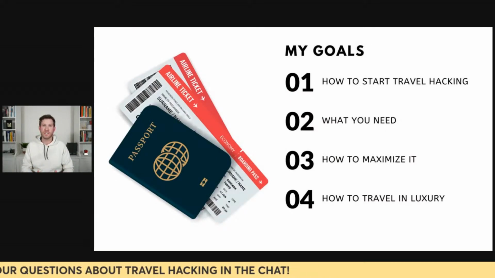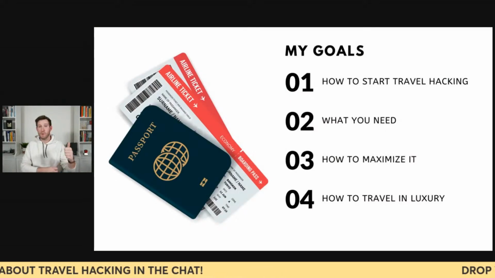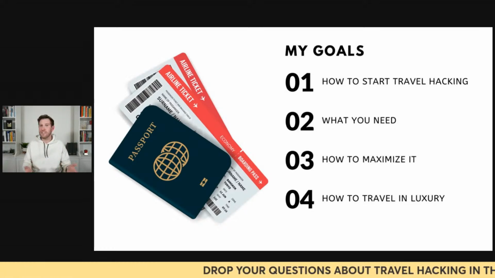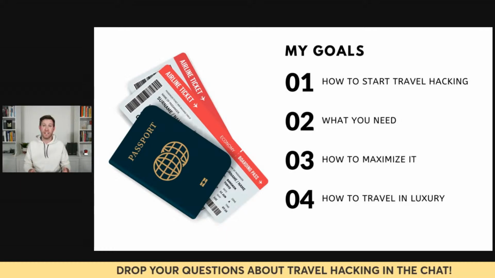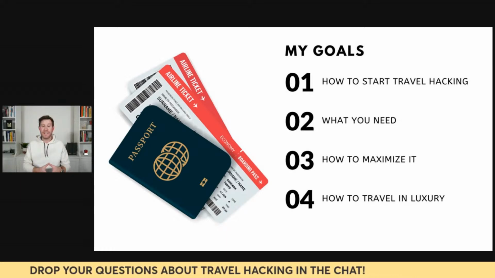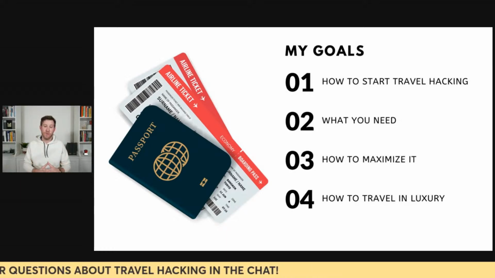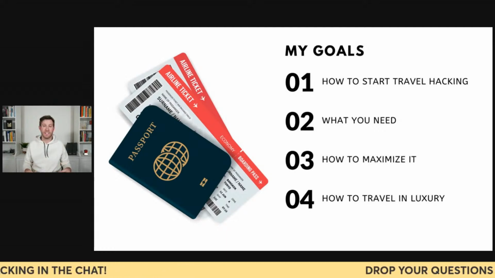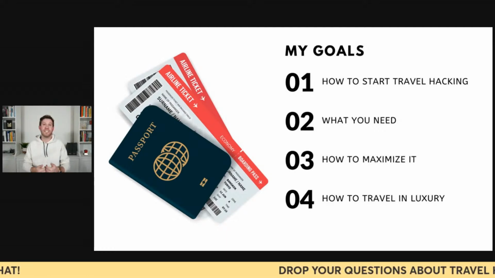My goals during this presentation are, number one, to explain to you how to start travel hacking. Number two, tell you basically everything that you need to get started and to do it well. Number three, how to maximize it. Number four, how to travel in luxury, because that is a lot of fun to take advantage of.